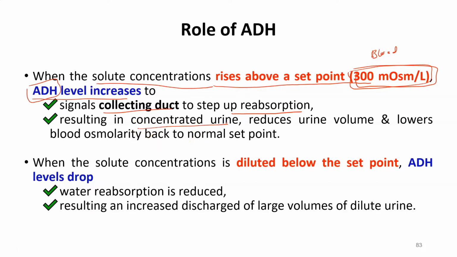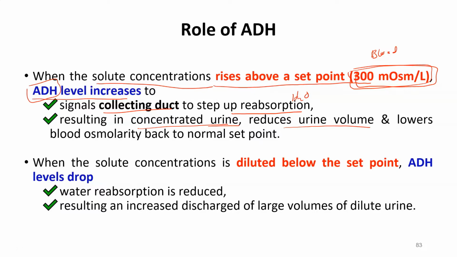So when more water will be reabsorbed, the urine produced will be more concentrated. So this will reduce also urine volume. Why? Because water has been reabsorbed. Okay, water reabsorption occurs back into your blood circulation. Therefore, the amount of filtrate produced will be low.